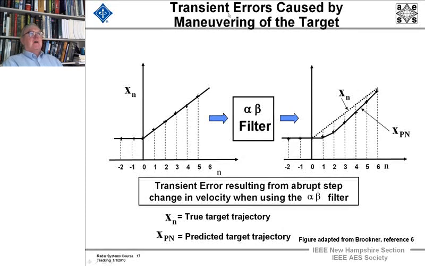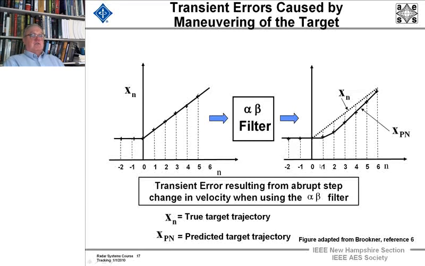Now, maneuvering targets cause transient errors in alpha-beta filters. If x sub n is the true target trajectory and x sub pn is the predicted target trajectory, and we run this through a typical alpha-beta filter, the transient error between the true position and the predicted position, you can see, asymptotically approaches zero.